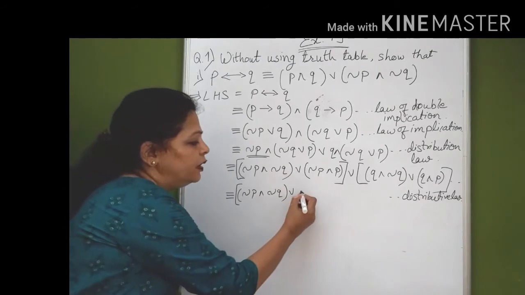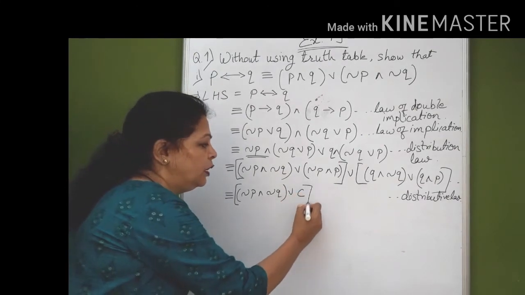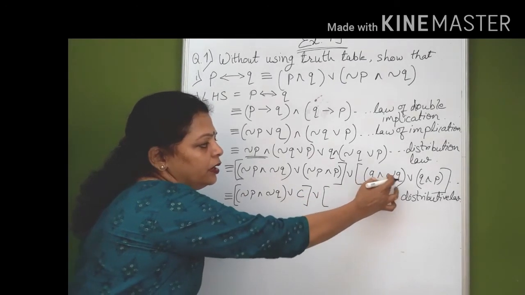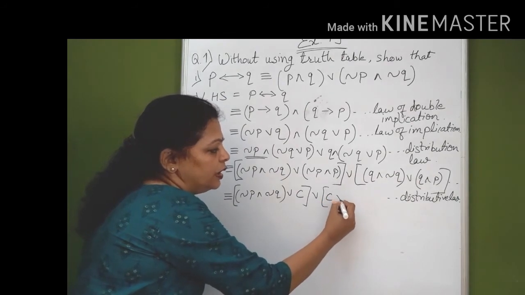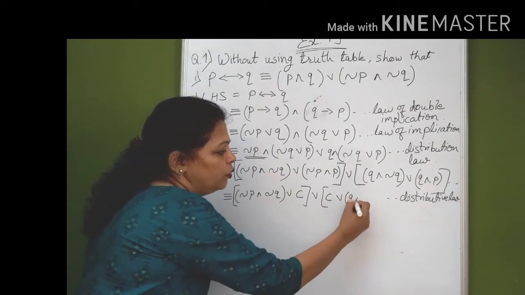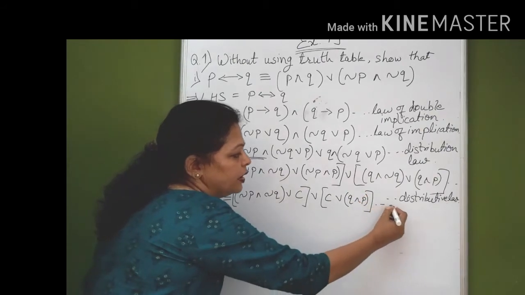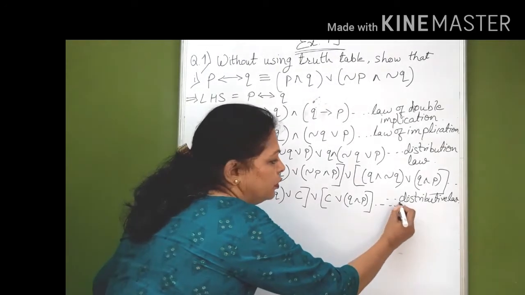So we write here C. C stands for contradiction, that is false. In the other bracket, again Q and negation Q, so you get false, that is contradiction, or Q and P. What is this law? Complement law.